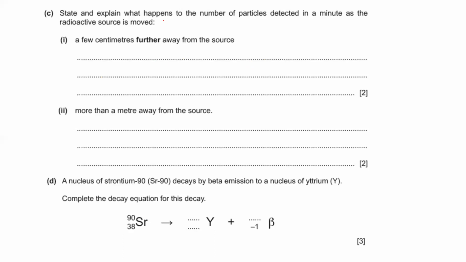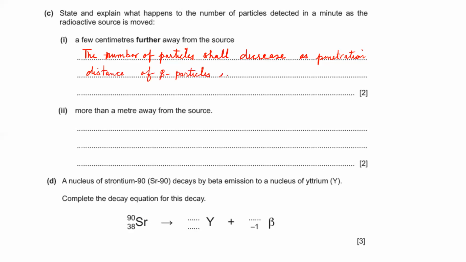So state and explain what happens to the number of particles. The number of particles shall decrease as the penetration distance of beta particles is not very large.